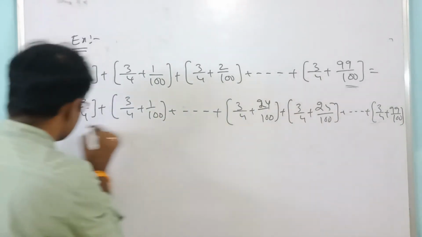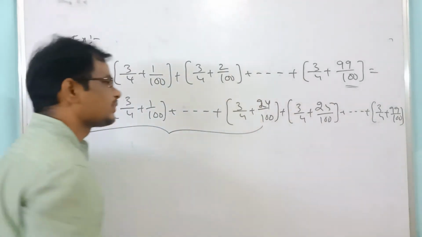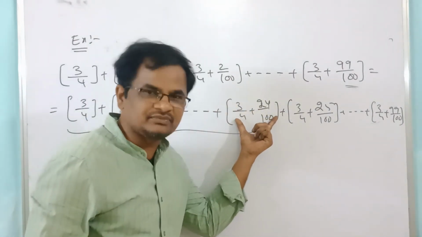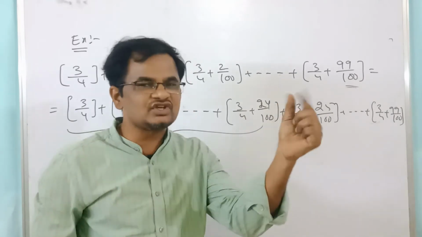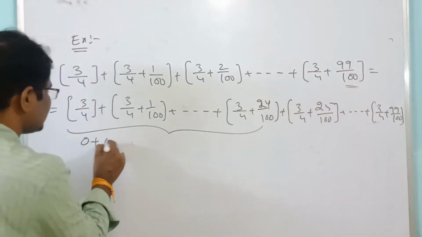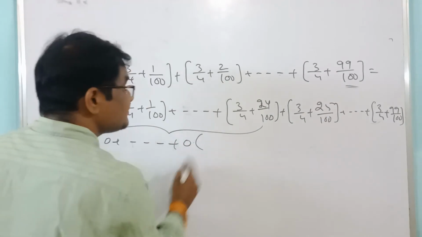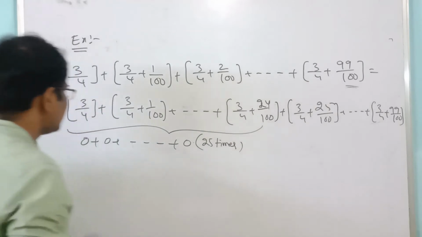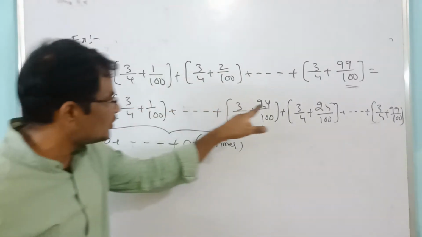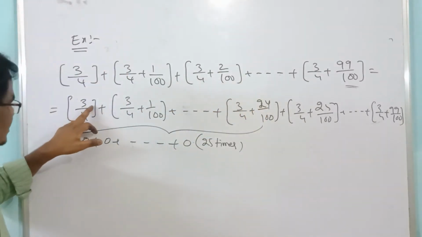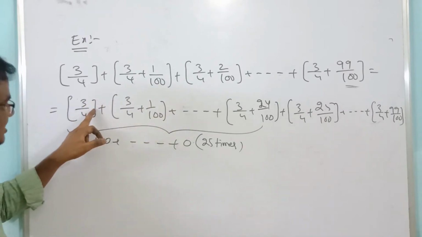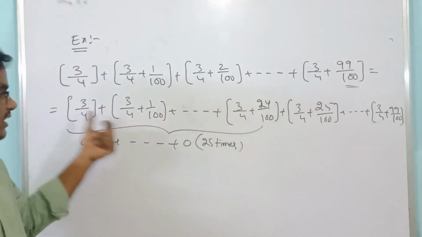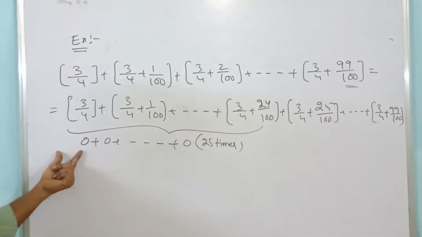So up to here, you observe, all these are 0 point something only, or not? So the greatest integer of 0 point something is what? Here 0 plus, etc., plus 0. How many times? 25 times you will get, because it starts from what? Here 0, here 3 by 4 plus 0, here 1 by 100. So 1 to 24 is extra. 25 zeros, so all these are zeros only.